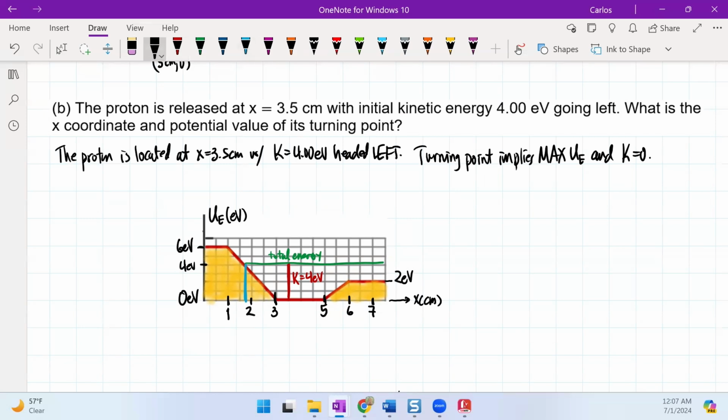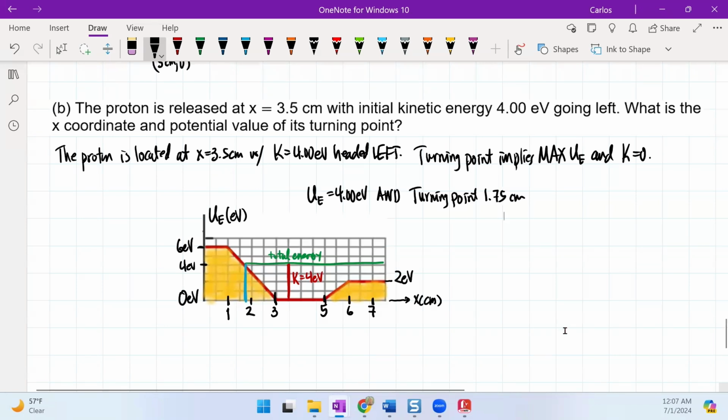That tells me that if it's maximum potential energy, then this has to be 4.00 electron volts, and the turning point appears to be at 1.75 centimeters.